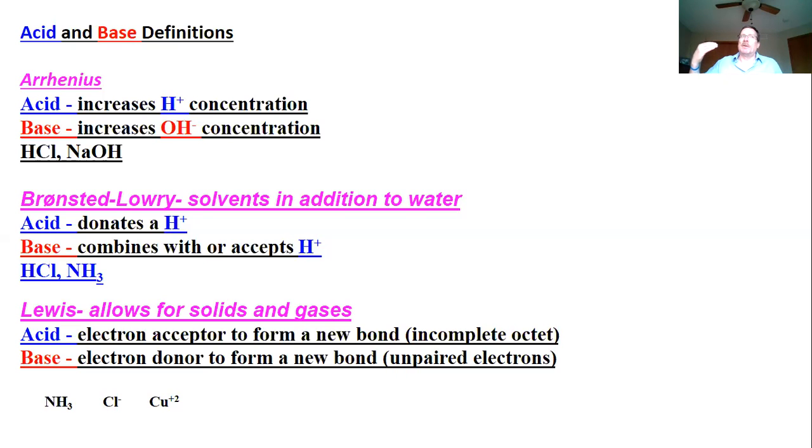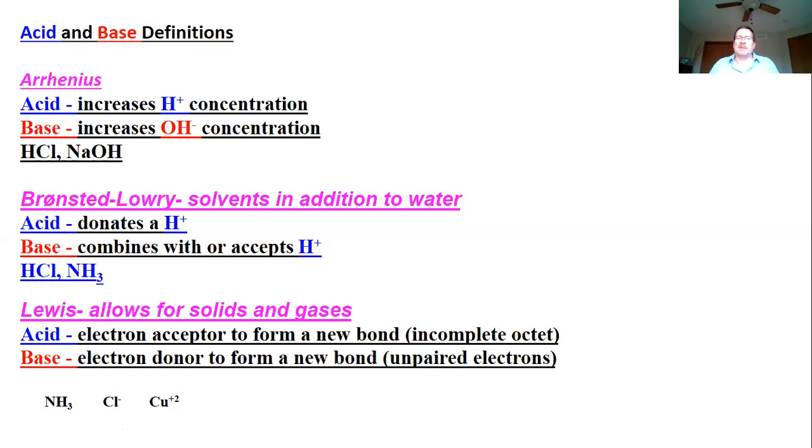But then other definitions and supplements had to come along because there are things that are acidic that don't start with hydrogen. There are things that are basic that don't start with or end in hydroxide. And so the second one we see often, and it's common because ammonia is the big one in here, is Bronsted-Lowry.